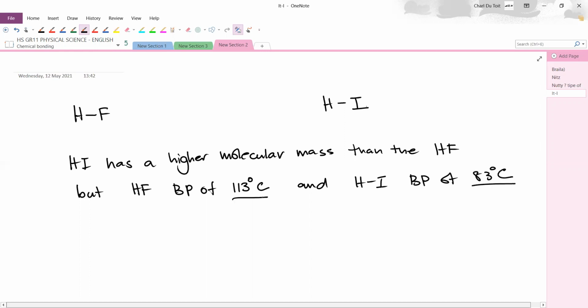These are just numbers I'm guessing. I can't get the specific value. Why is it now that the hydrogen iodide has a lower boiling point? It has a higher molecular mass. Write that down. I'm going to get those values for you, proper values. And I want you to figure out why, even though the molecular mass of hydrogen iodide is higher, it has a lower boiling point.